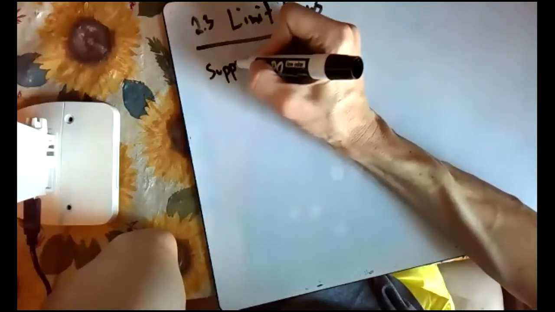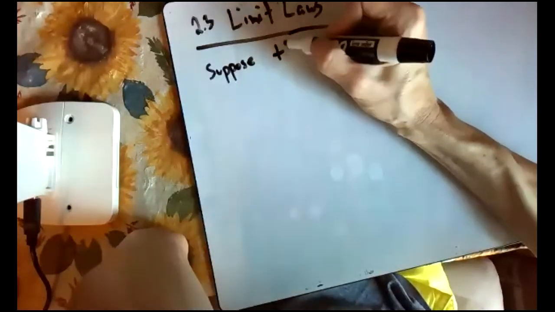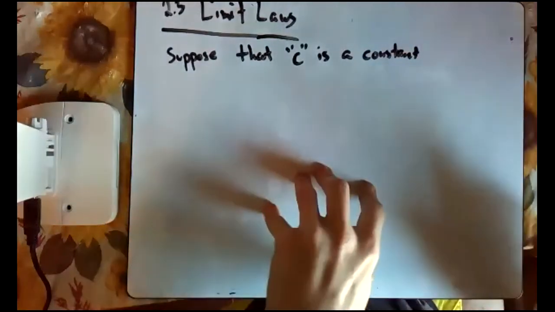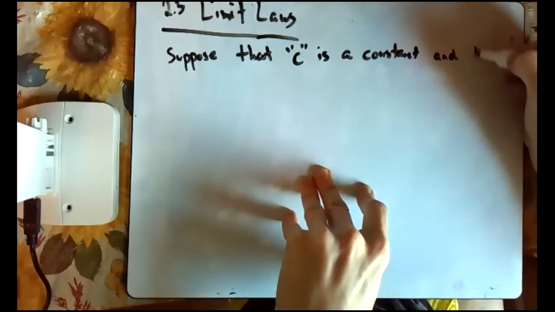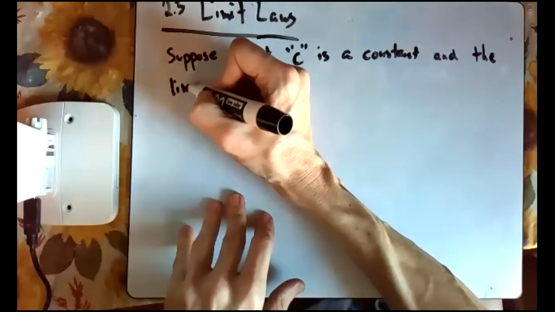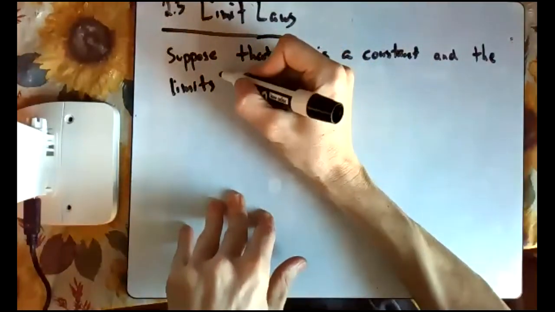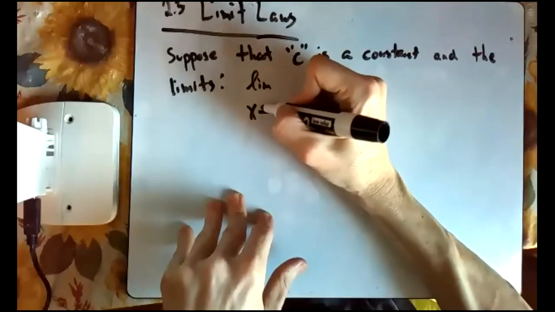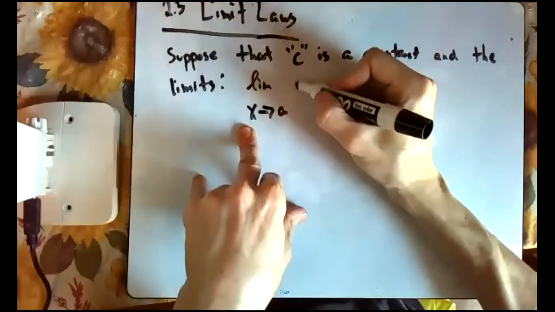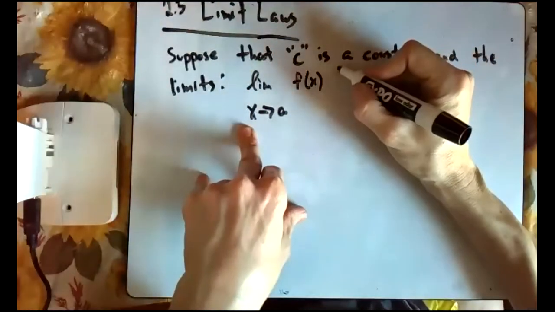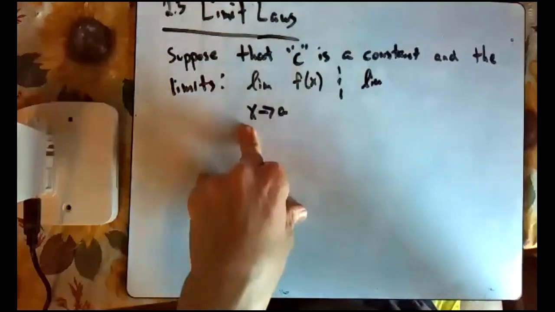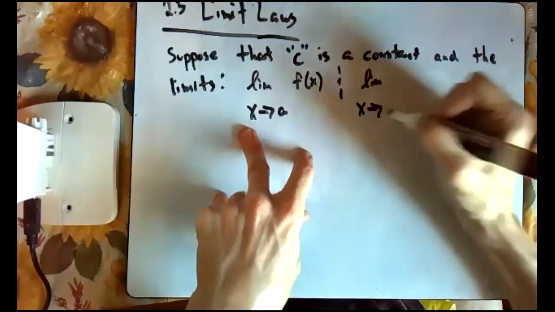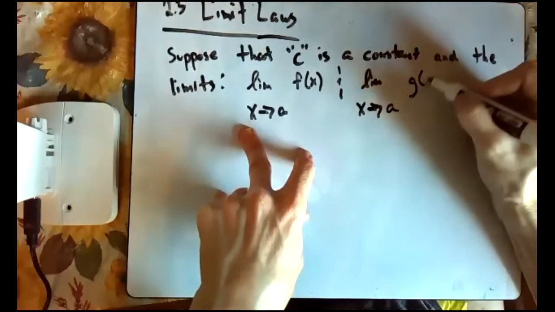All right, so with these limit laws, we just want to suppose that C is a constant and the limit as x approaches a of f of x, and the limit as x approaches a of g of x exists.